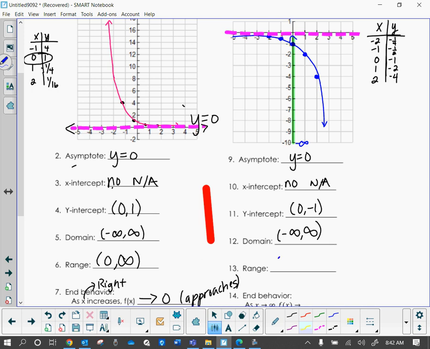So we have negative infinity to 0. When you're determining domain, it's left to right. When you're determining range, it's bottom to top.